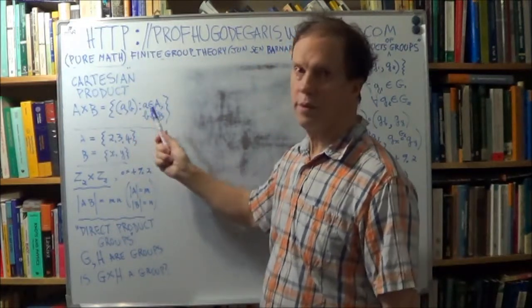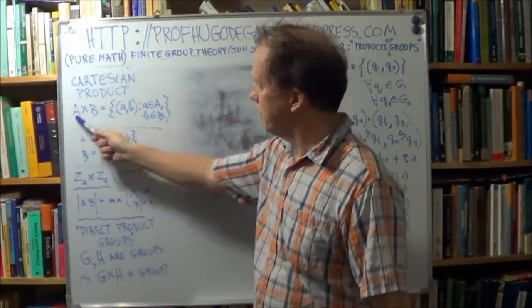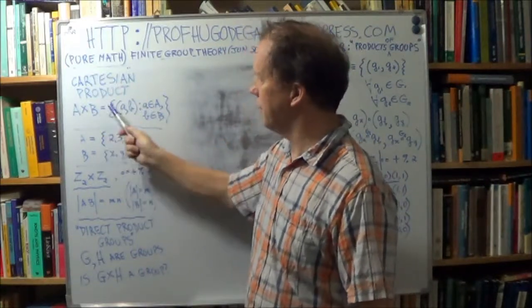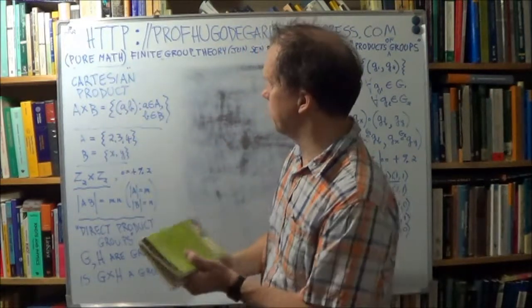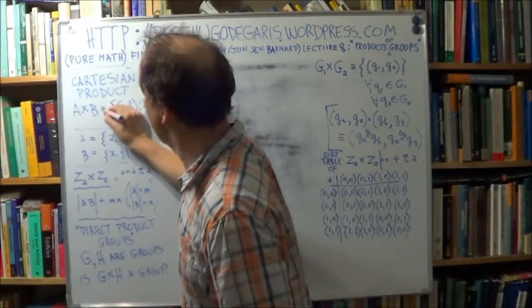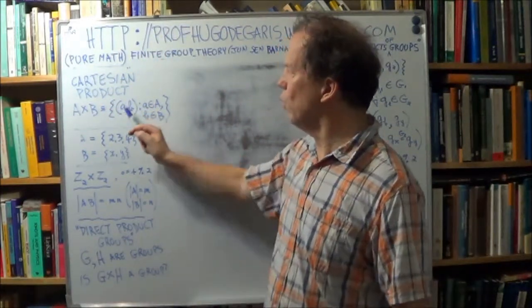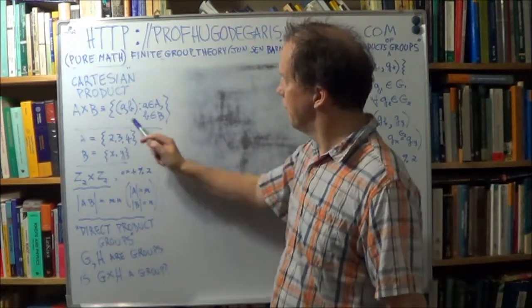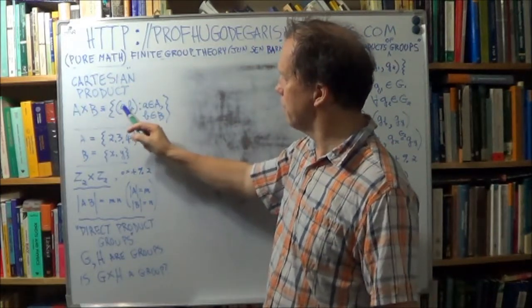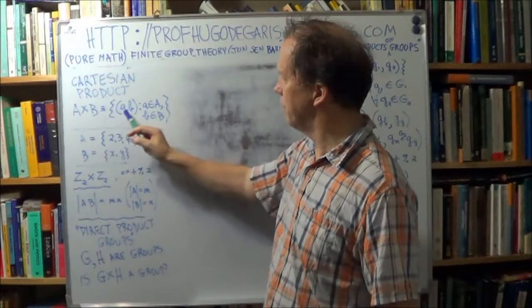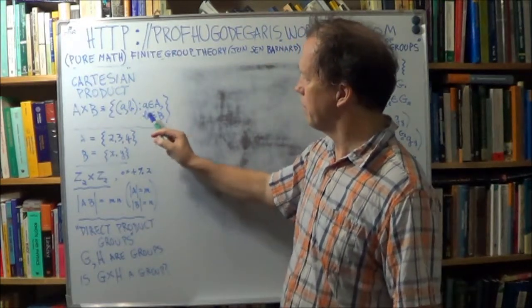So this (a, b) is an example, and so this Cartesian product is by definition the set of all possible ordered pairs, for every possible a belonging to the big set A, and every little b belonging to the big set B.